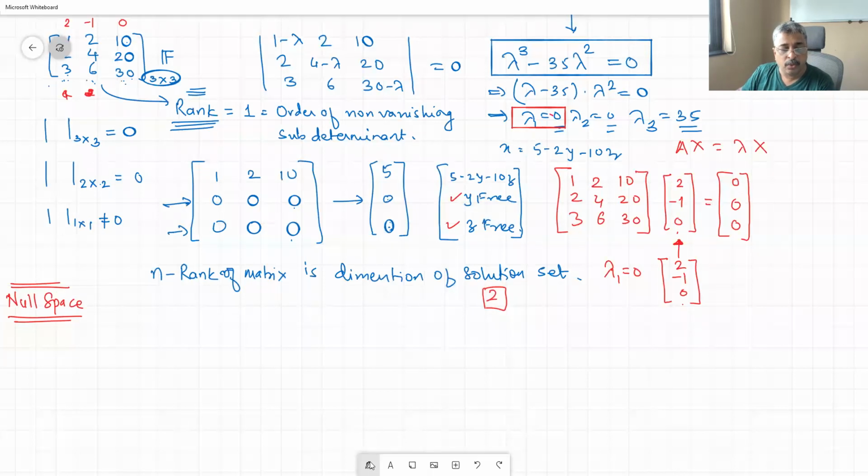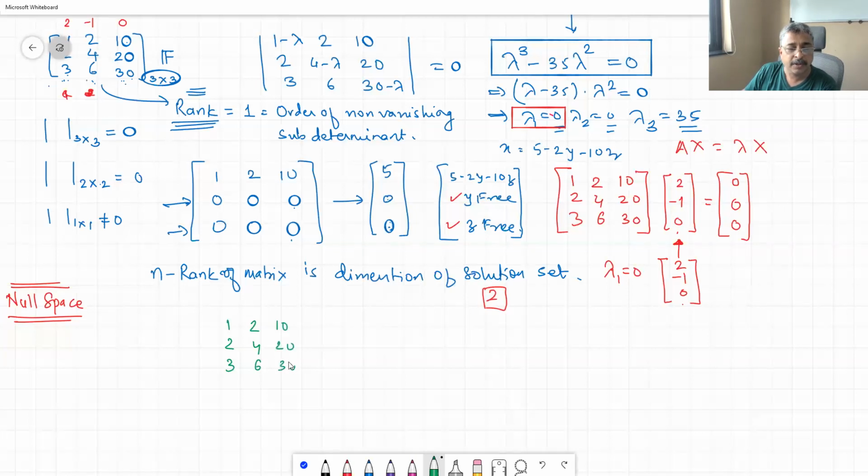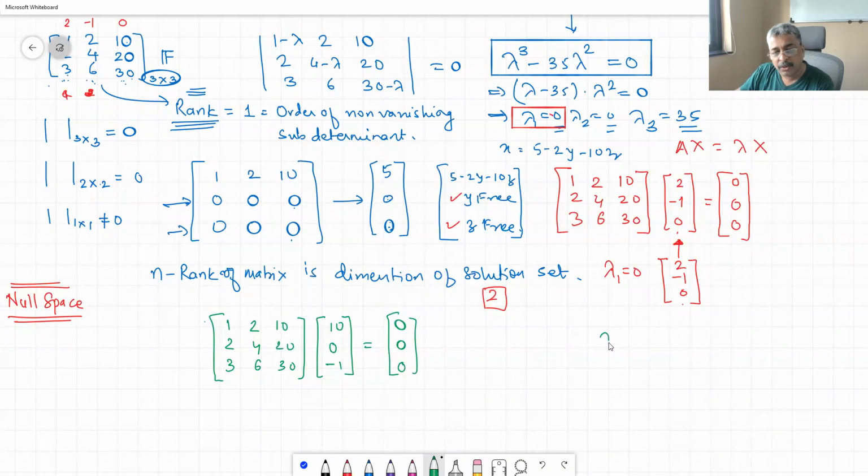Okay, 1 2 3, 2 4 6, 10 20 30. We have decided to take 10 times the first vector, 0 times the second vector, and minus 1 times the third vector. We are going to get 10 into 1, 0 into 2, minus 10, 0, 0, 0. Okay, so lambda 2 is equal to 0, and the eigenvector is 10, 0, minus 1.